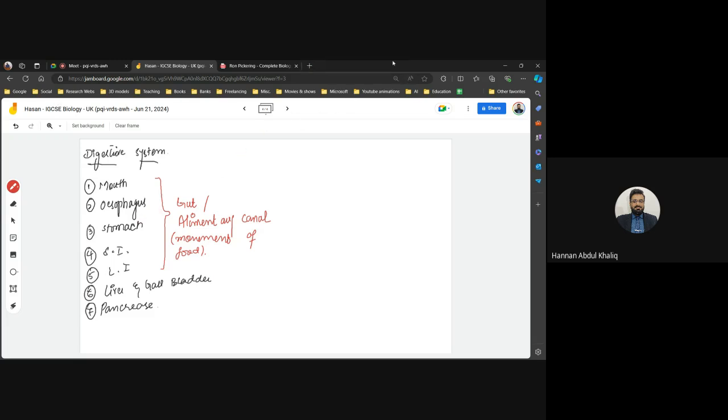The rest, the organs in which the food does not directly move, remember, the food does not move here or through them. These could be involved in your digestive system but cannot be involved in the alimentary canal. Is it understood?